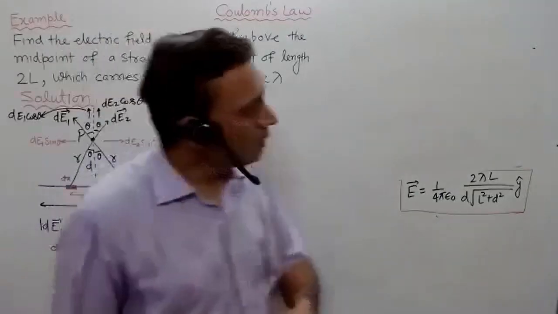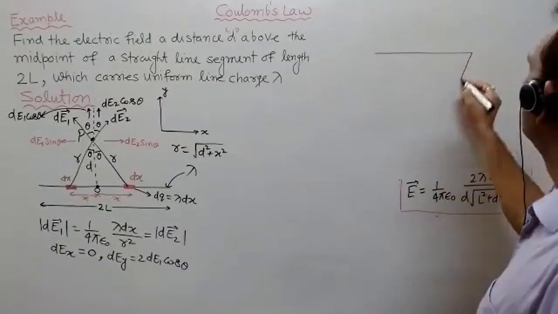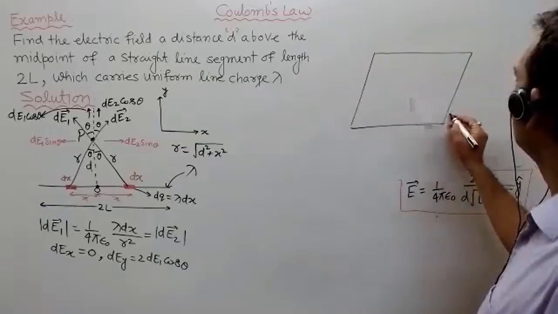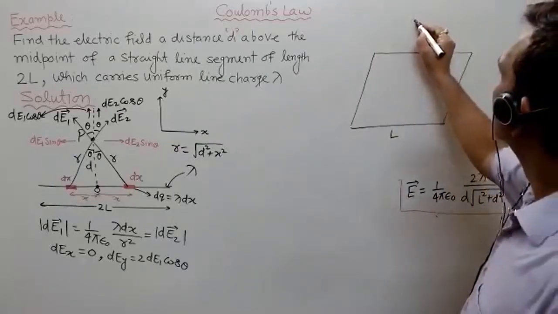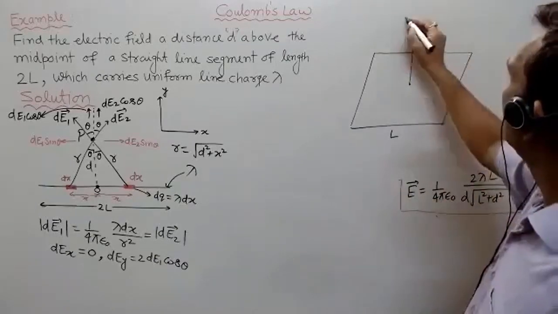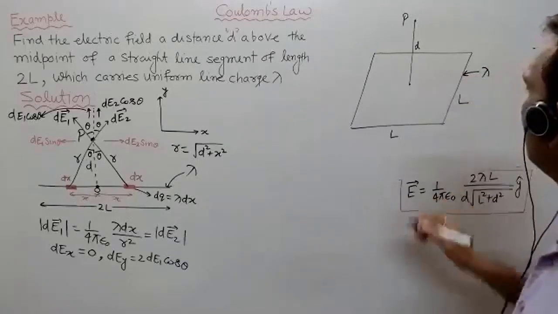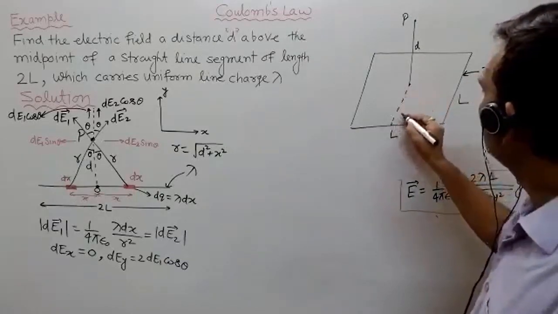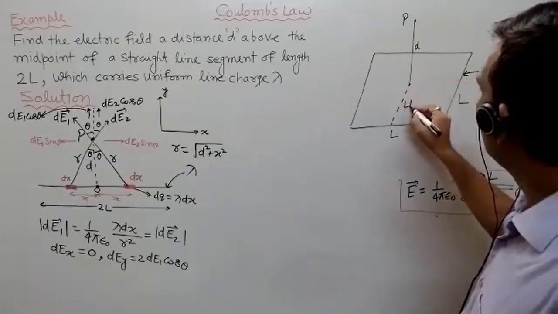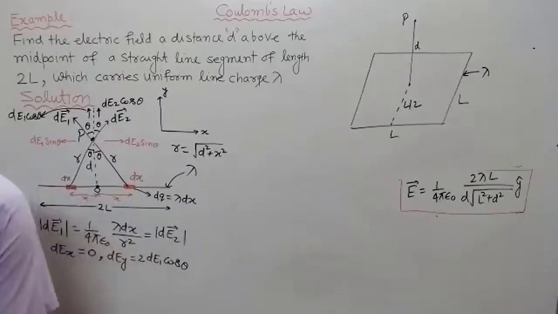Next question. Consider a square loop. You have a square loop of side small l, and you have to find the field d distance above the center of the square loop.